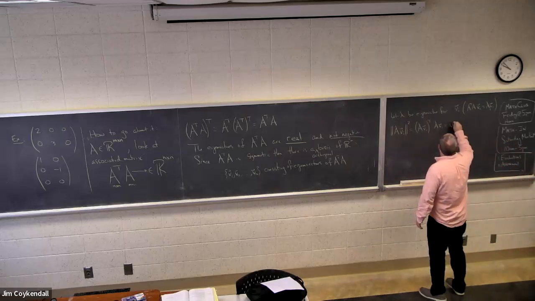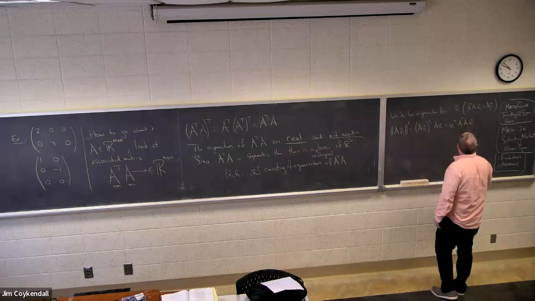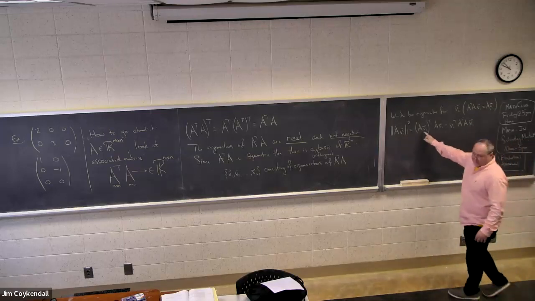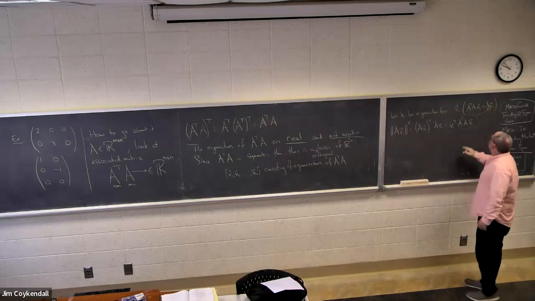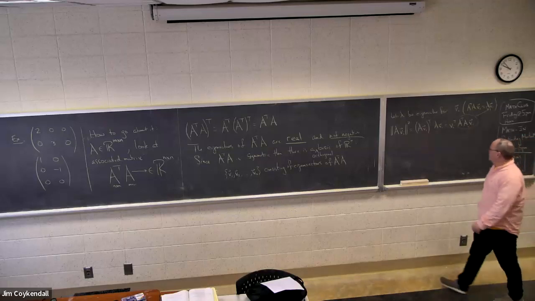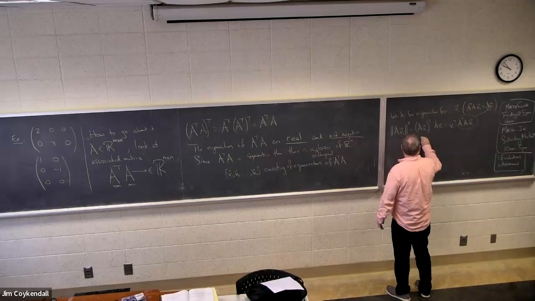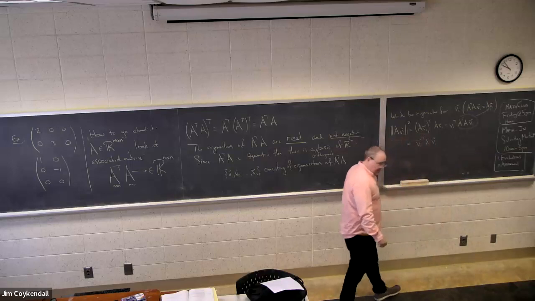This is v_i transpose A transpose A v_i. I'm just turning all this around. And what is this? Oh, this is just lambda_i v_i, so this is v_i transpose lambda_i v_i.